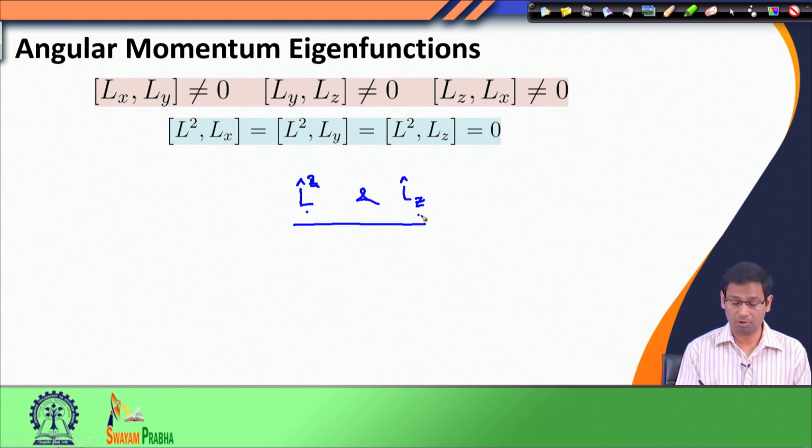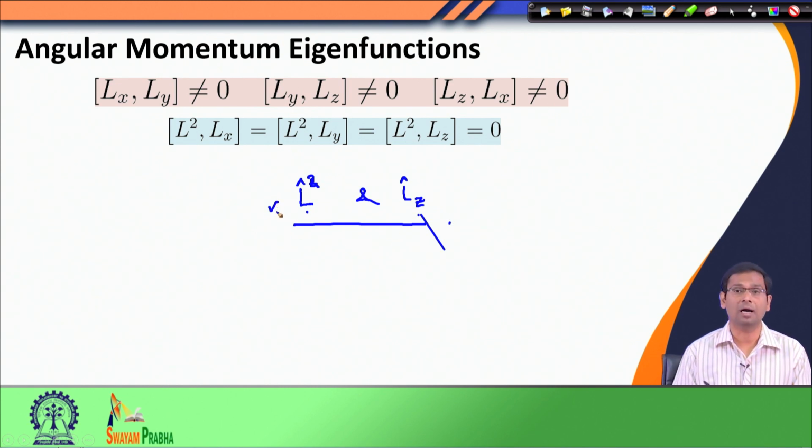These eigenfunctions, however, are not going to be eigenfunctions of the Lx and Ly operators. Why? Because since they are eigenfunctions of the Lz operator, they cannot be eigenfunctions of the Lx operator and the Ly operator, because Lx and Ly do not commute with each other.